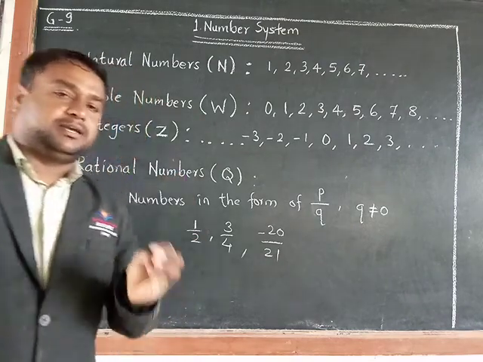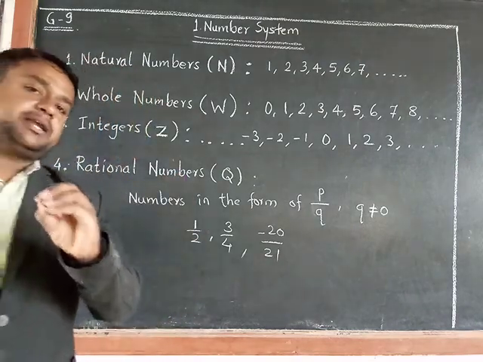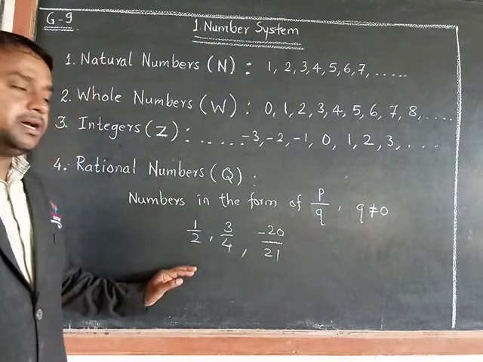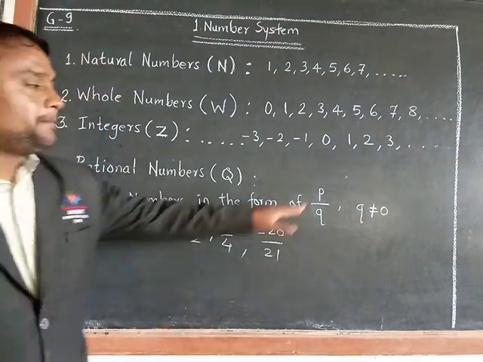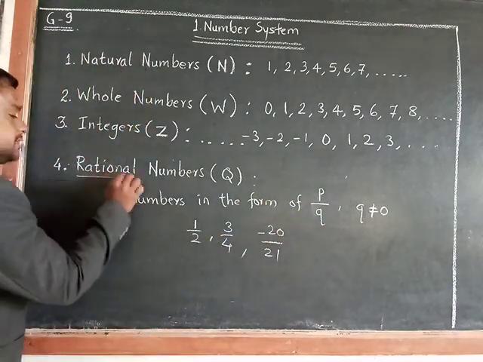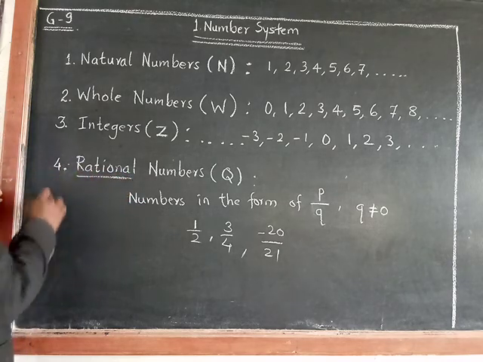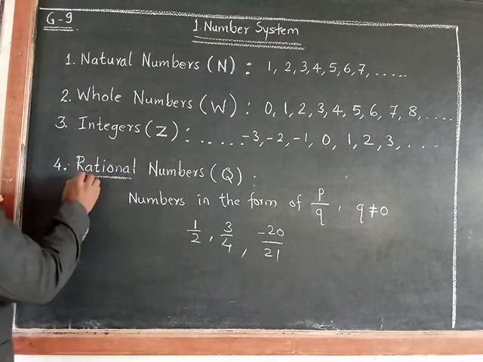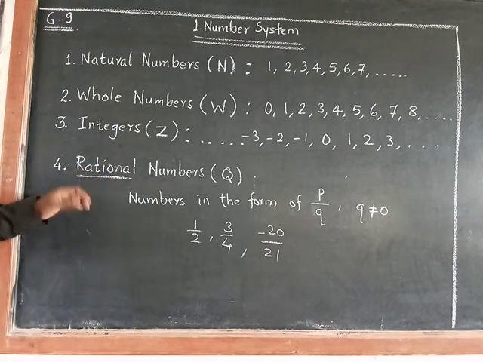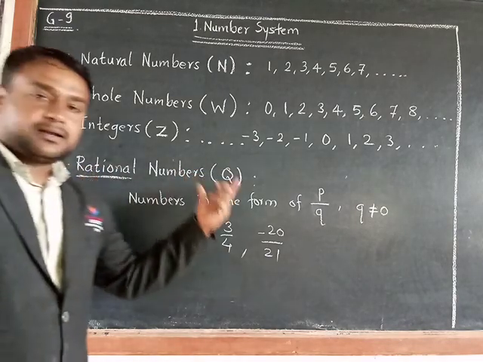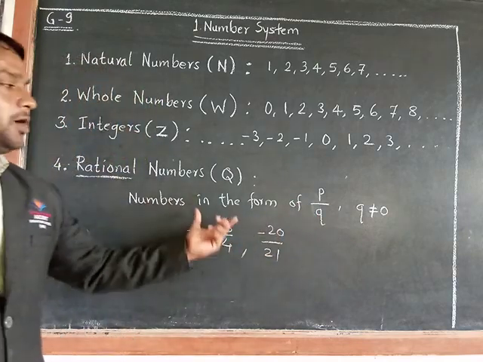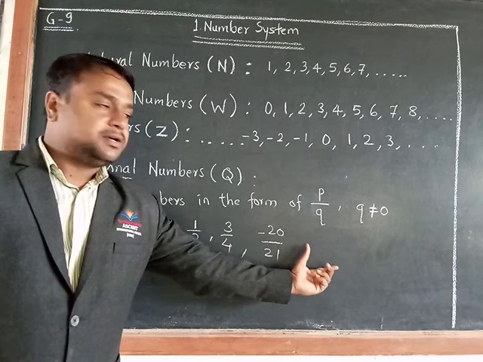Last year, in the first lesson of our grade 8 mathematics, we already discussed that numbers in the form of P/Q are rational numbers. The word includes the word ratio, so ratio means rational numbers. They are numbers in the form of P/Q, like that.